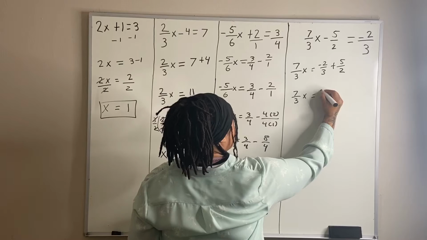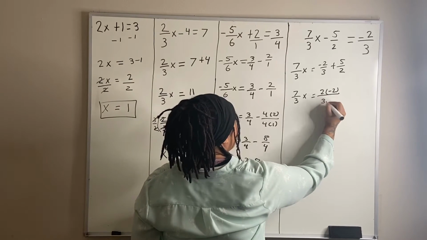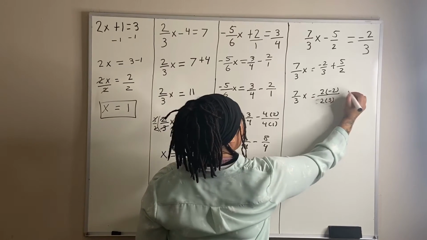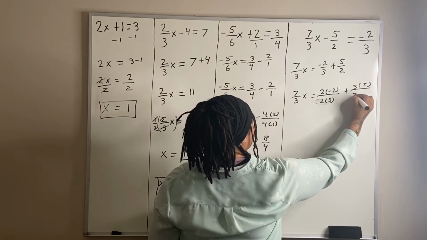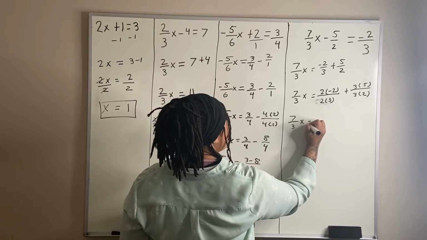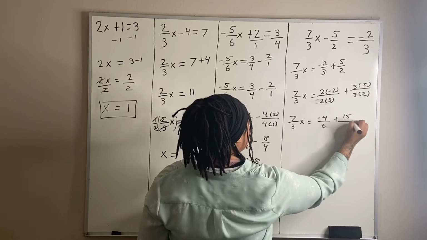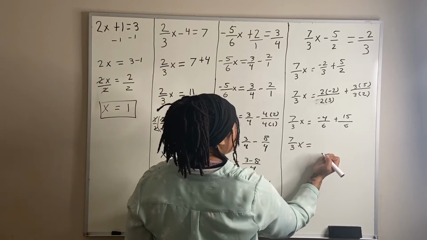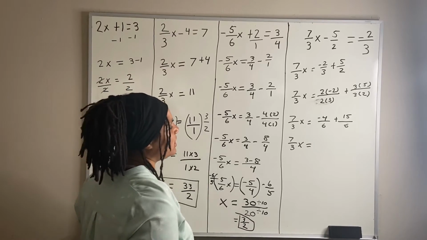So now I'm going to say 2 times a negative 2 all over 2 times 3, plus 3 times 5 all over 3 times 2. Okay, so now we have 7/3 x is equal to a negative 4 over 6 plus 15 over 6, which means we have 7/3 x is equal to 15 minus 4, which is 11.